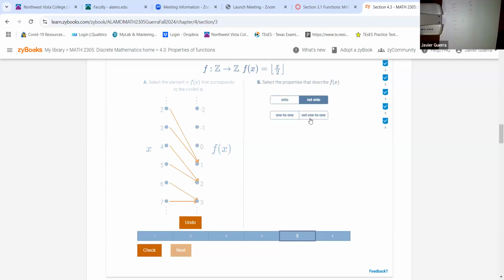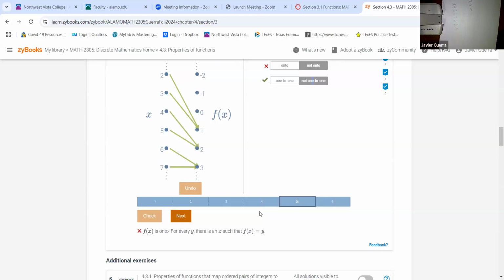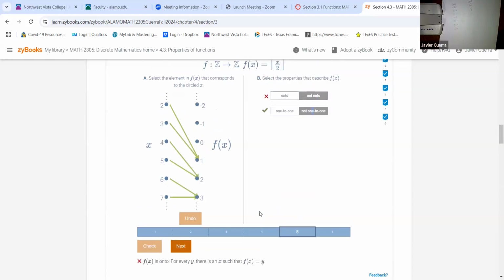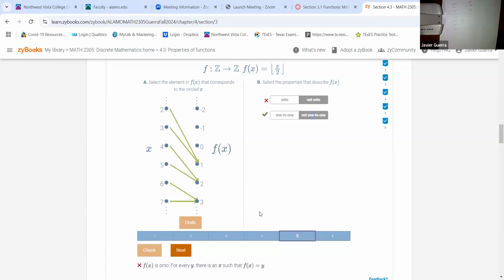Okay, it's not on to and not 1 to 1. Oh, okay, what am I doing wrong now? f of x is on to. Why is it on to? Oh, it goes on forever. Is that why these little dots mean it goes on forever? Okay. Yes. Okay, I see.